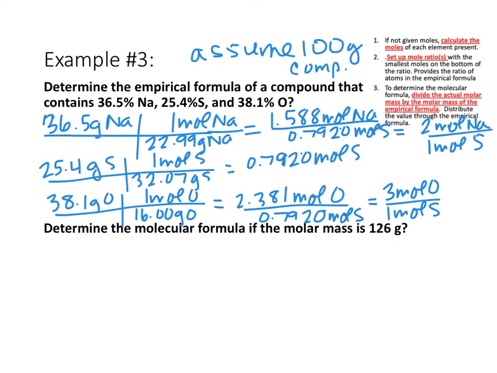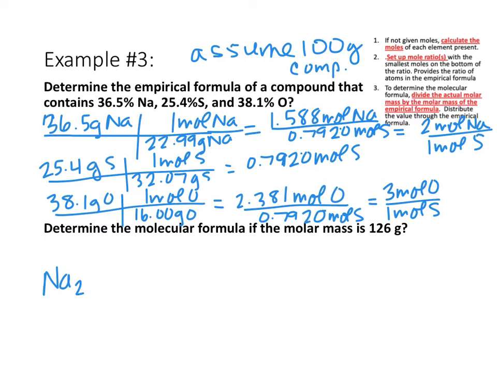So is this an ionic or a covalent compound? Hopefully you said ionic because we have sodium. We always give our metals first, so our 2 sodium are going to come first. We then have 3 moles of oxygen to 1 mole of sulfur in this compound. Those are both nonmetals, so that's covalent.